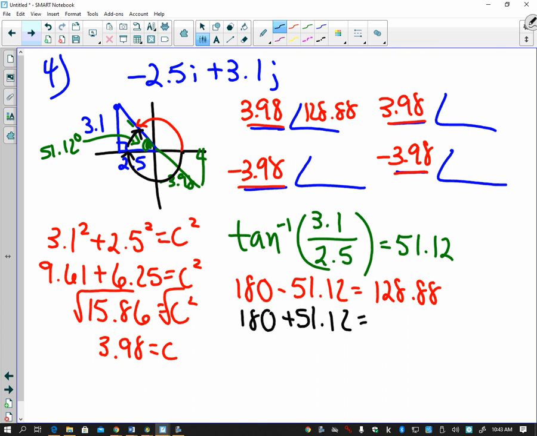The only difference is that it's going to be negative because we're going clockwise. So what's 180 plus 51.12? 231.12? Yeah. All right, we are going to have to pick it up with this next time.